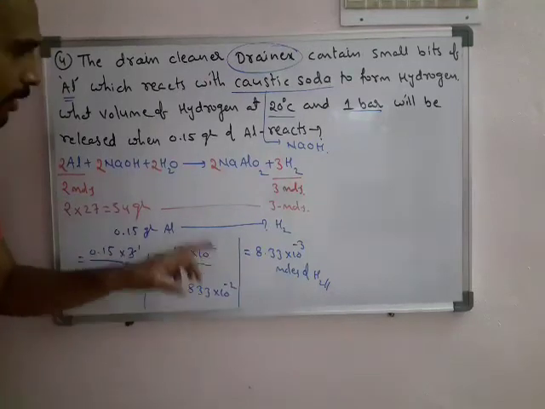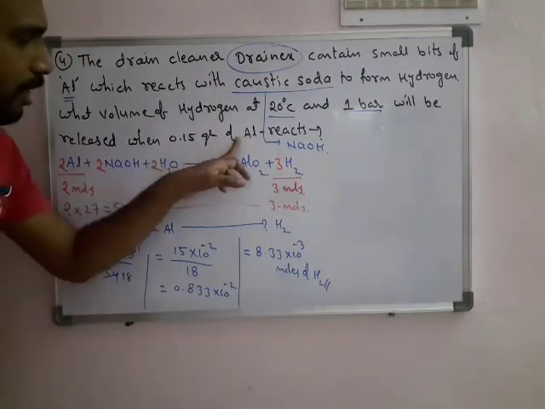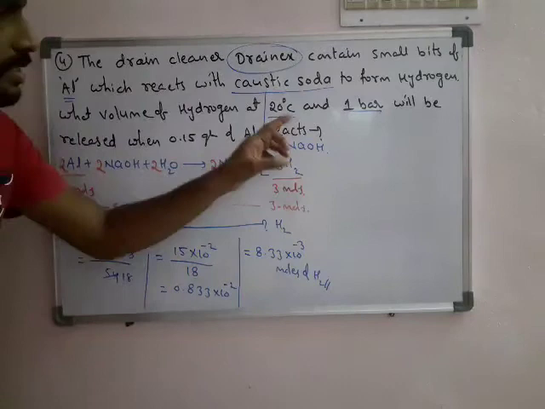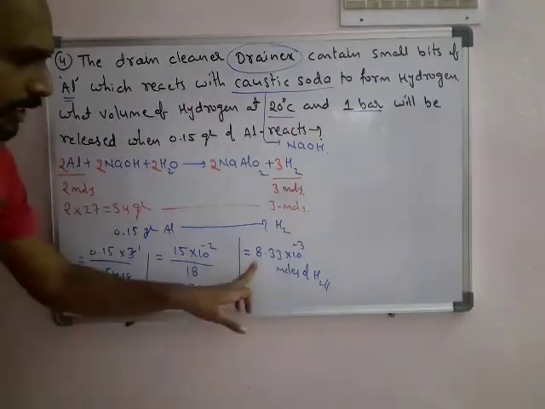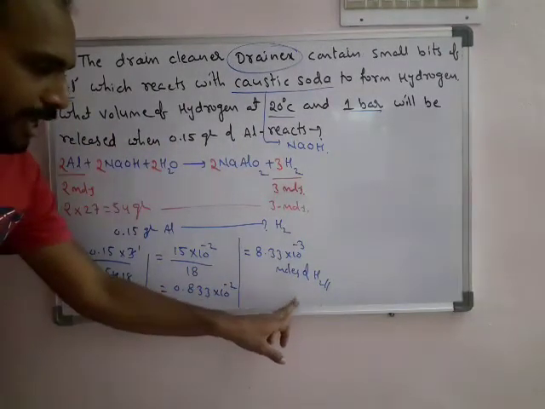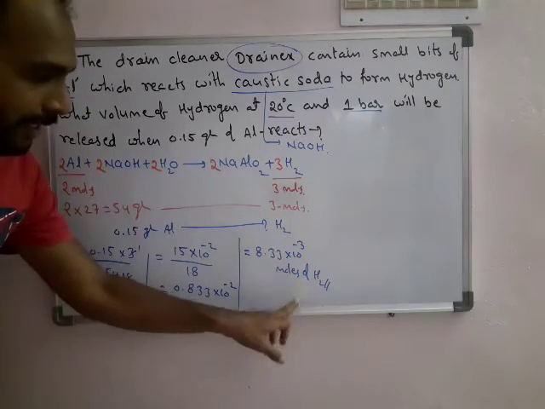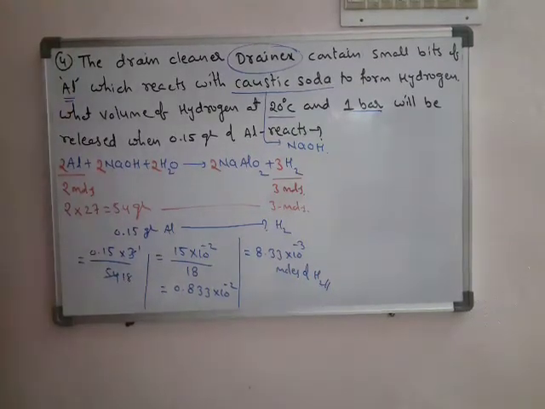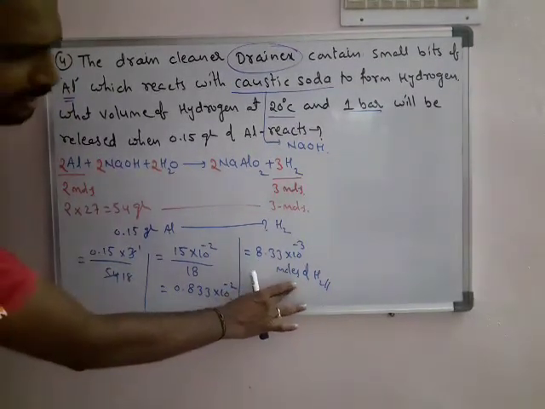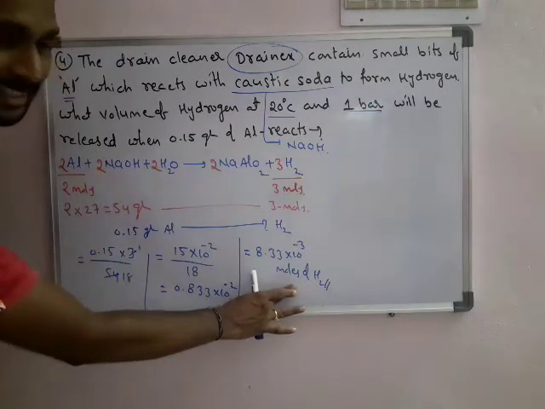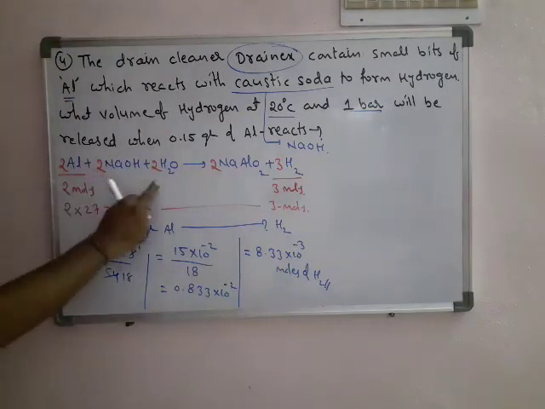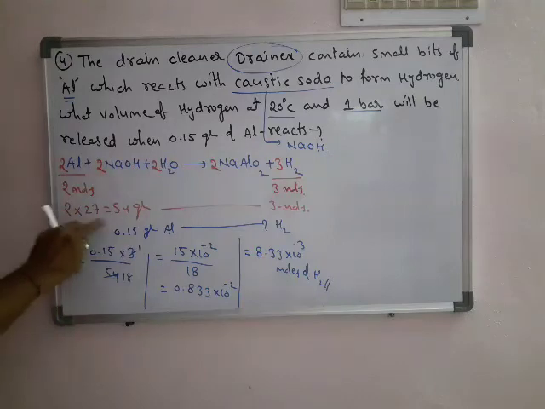So that is the problem: 0.15 gram aluminum reacts, how much hydrogen is released? So we calculate it in terms of H2. Here, in this equation, we directly calculated 2 moles equal to 2 into 27.